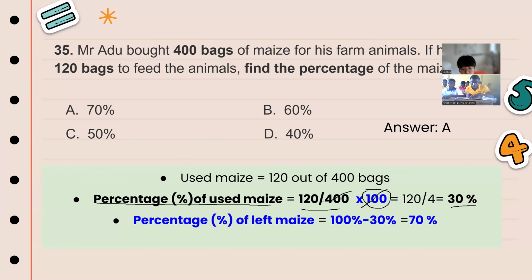So the used maize is 30% out of the whole bag. So the percentage of left maize is we start from 100% and subtract 30% to get 70%.